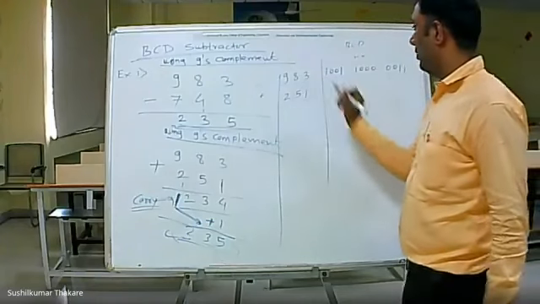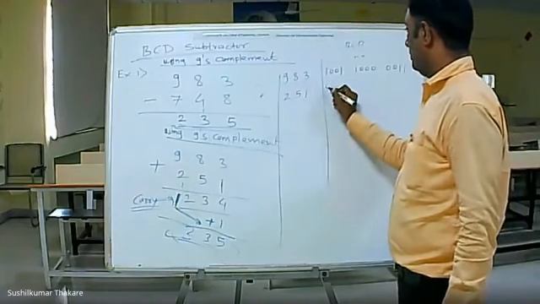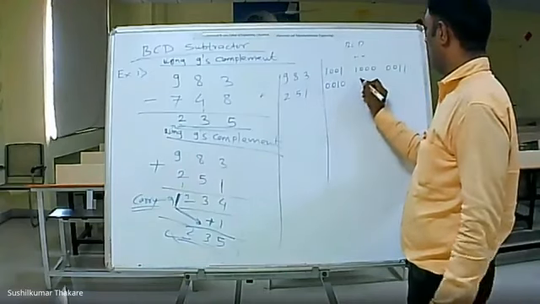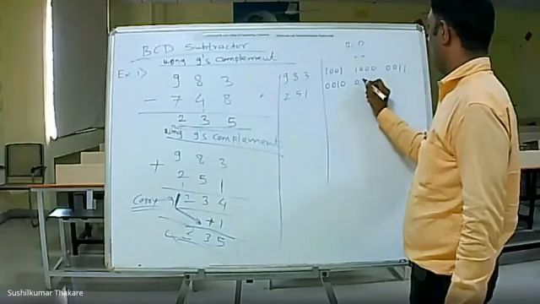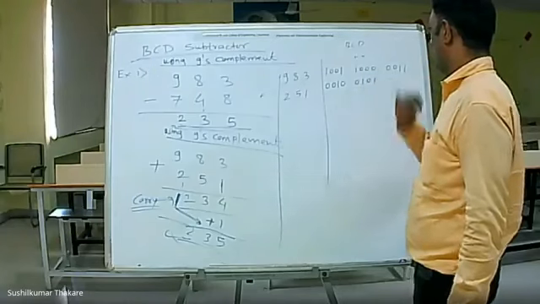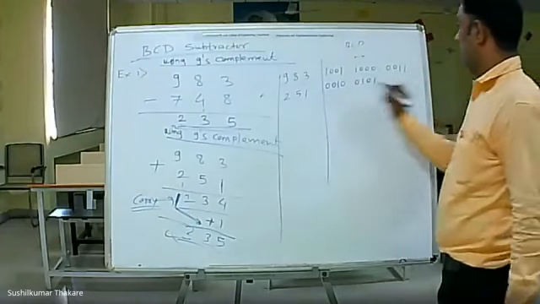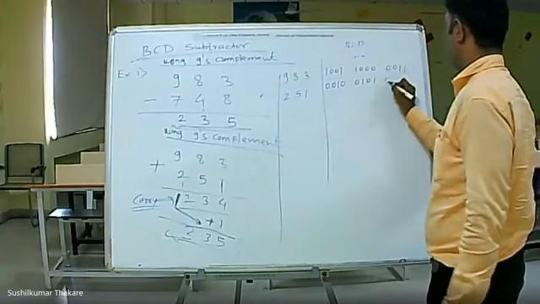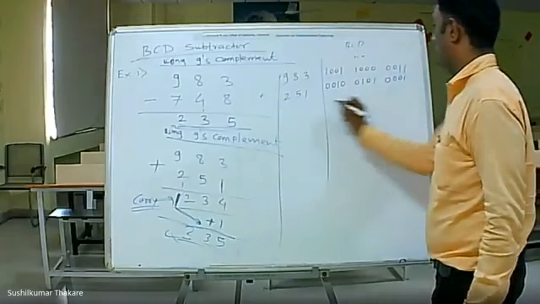Then 251. What is 2? 0010. What is 5? 0101. What is 1? 0001.